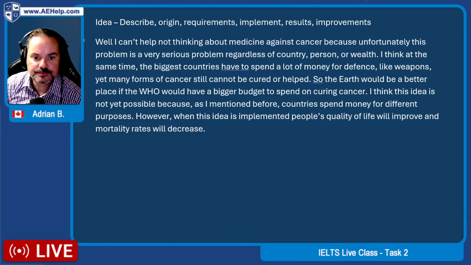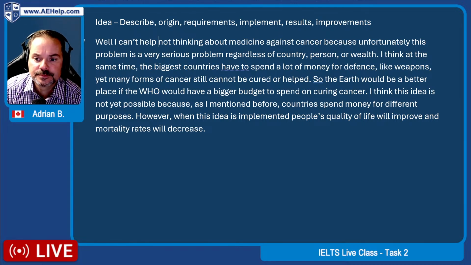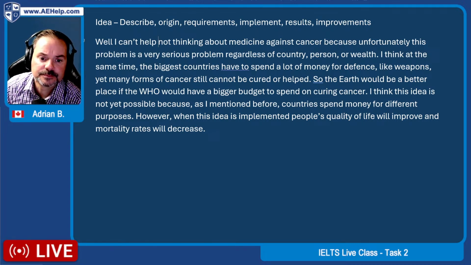Well, I can't help thinking about medicine against cancer because unfortunately this is a very serious problem regardless of country, person or wealth. I think at the same time when the biggest countries have to spend a lot of money for defense like weapons, many forms of cancer still cannot be cured or helped.